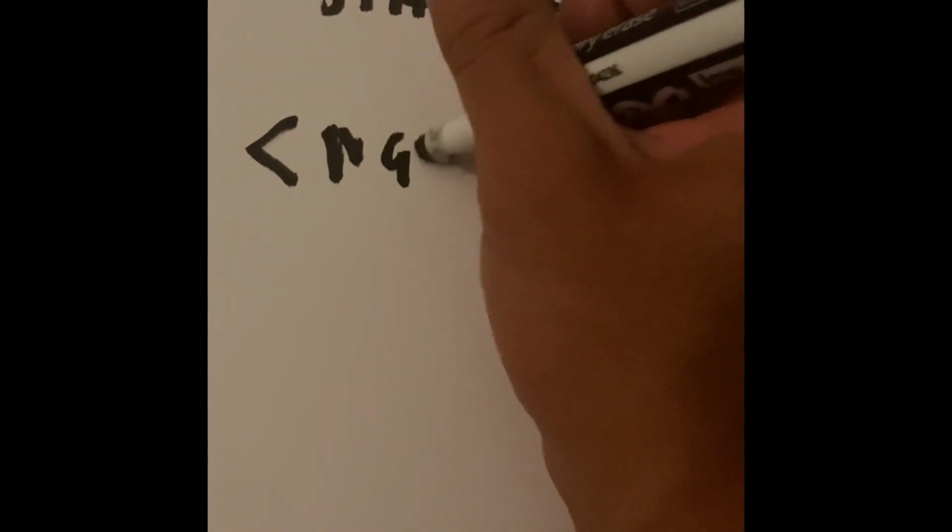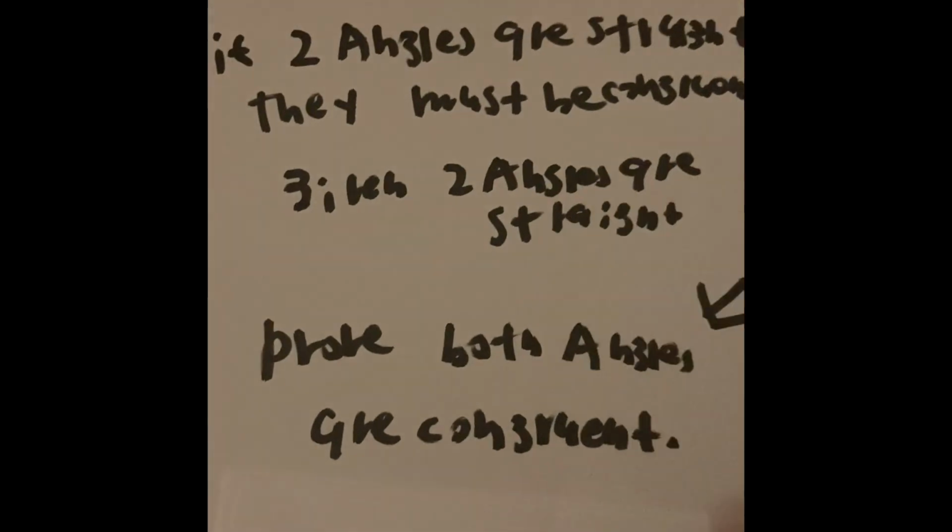So let's start with a statement. Usually with a statement, we are going to use something that's given to us. So we're going to say that angle N and angle T are straight. That tells us it was given to us. The information is literally right here.